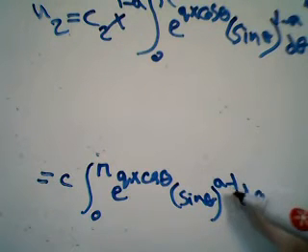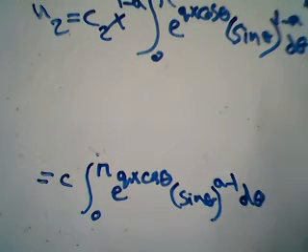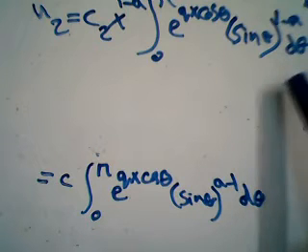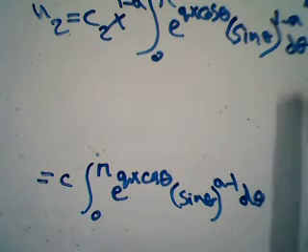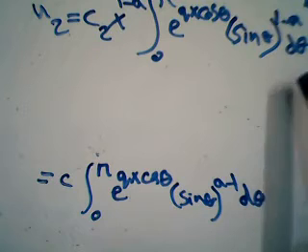Here it was a minus 1, here we got 1 minus a. And here a should be between 2 and 0.